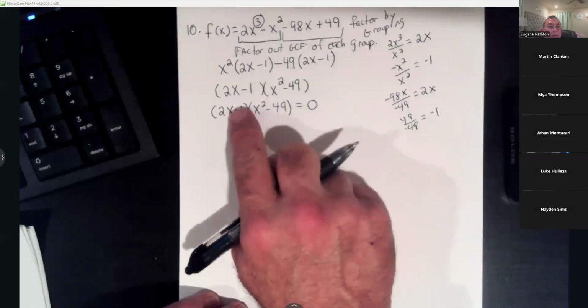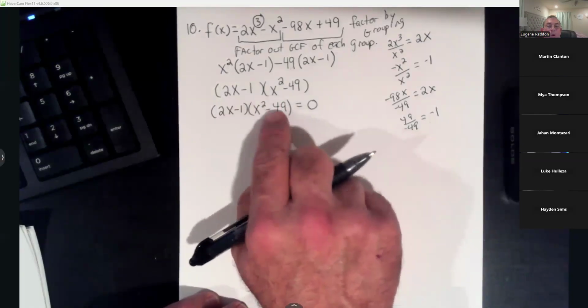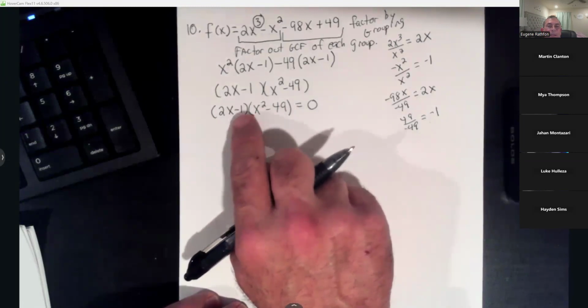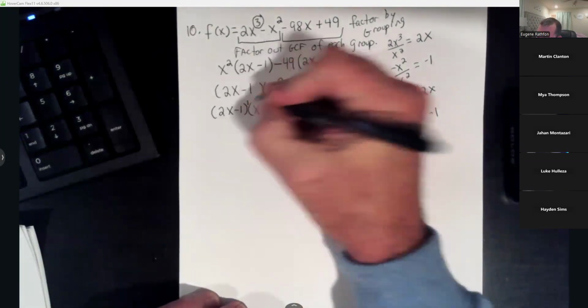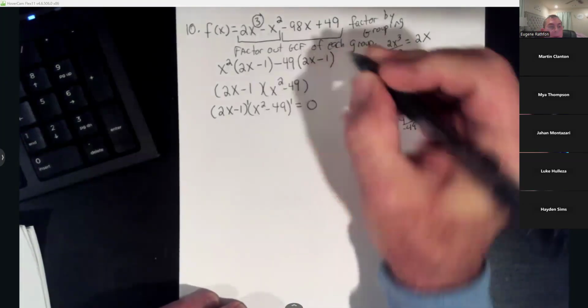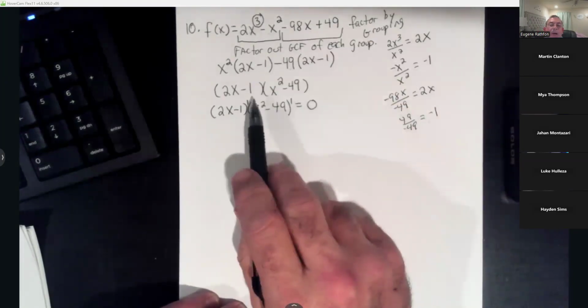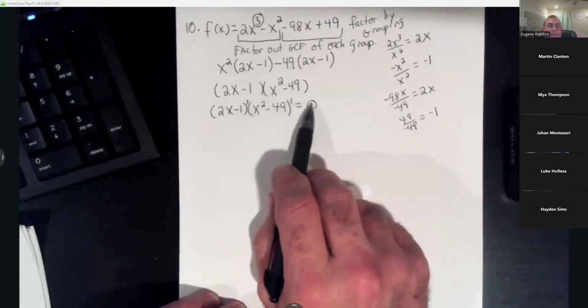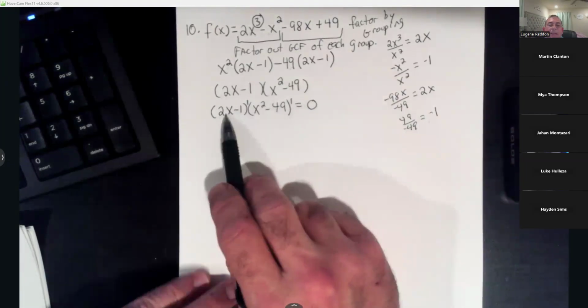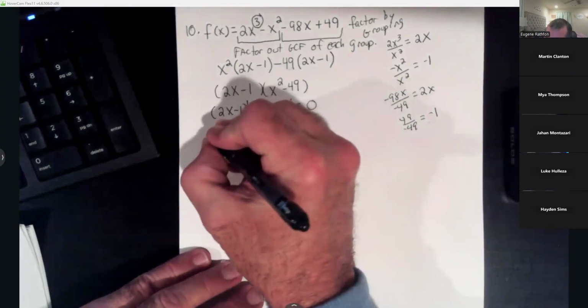Right? So remember, if there's no exponents shown behind those parentheses, we're going to put a 1 there. So the multiplicity is automatically 1 if they don't have those extra parentheses, okay? All right, y'all, let's set these equal to 0 and solve.